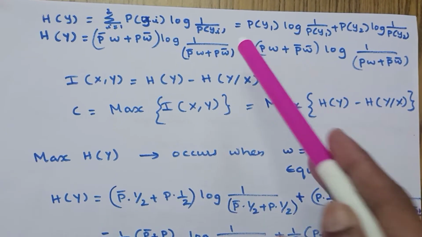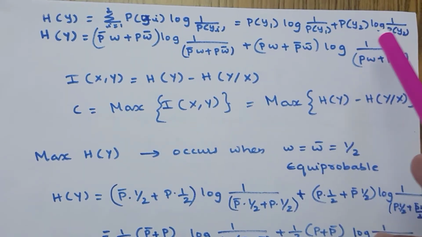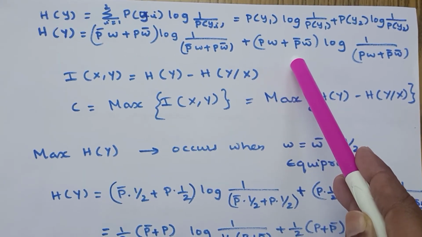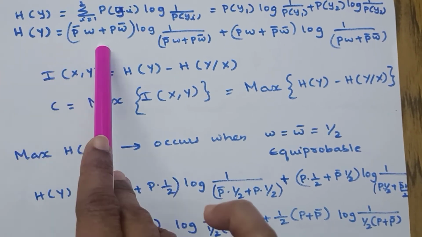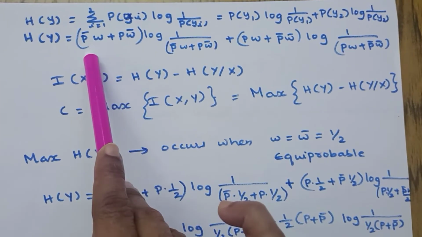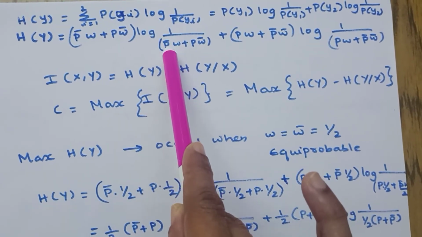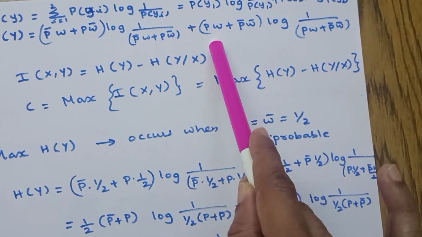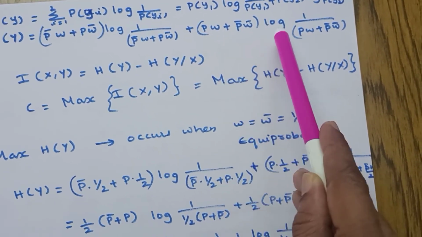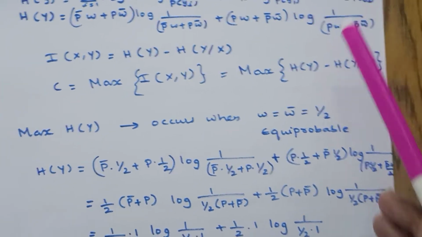We get P of y1 as P bar W plus P W bar and P of y2 as P W plus P bar W bar. Substituting this, we get H of y is equal to P bar W plus P W bar log of 1 by P bar W plus P W bar, plus P W plus P bar W bar log of 1 by P W plus P bar W bar.